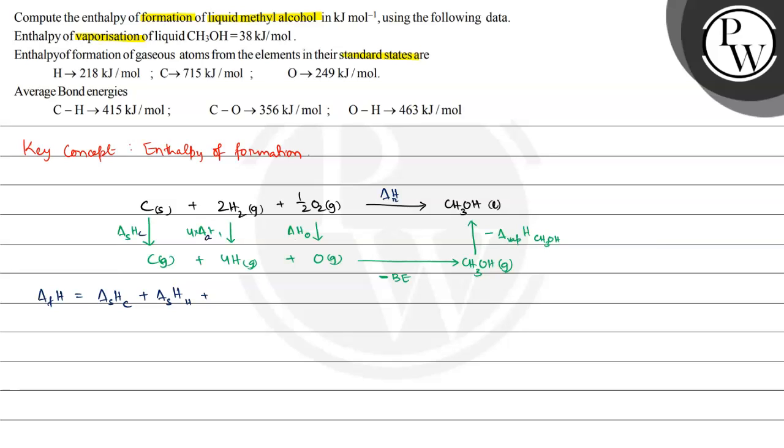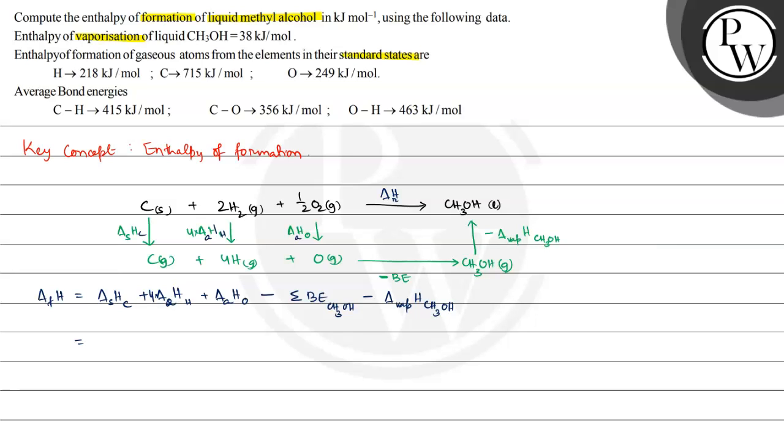So this is AH for H, and this is AH for O. This is A and 4 multiplied by, so यहाँ पर delta AH for O minus summation of all bond enthalpies in CH3OH, minus the vaporization enthalpy of CH3OH. Delta vaporization enthalpy of CH3OH. Now values put करते हैं.